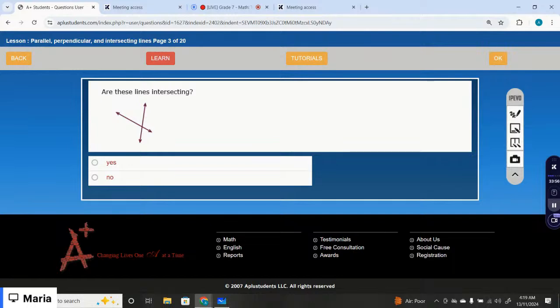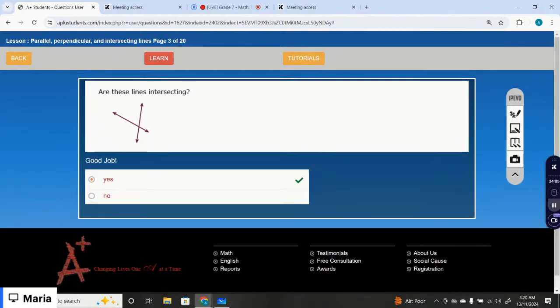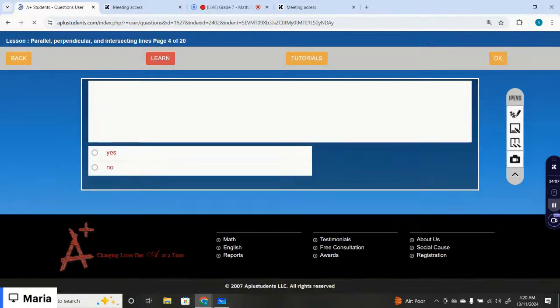Are these lines intersecting? Yes, they are intersecting. The correct option is yes. Are these lines perpendicular?